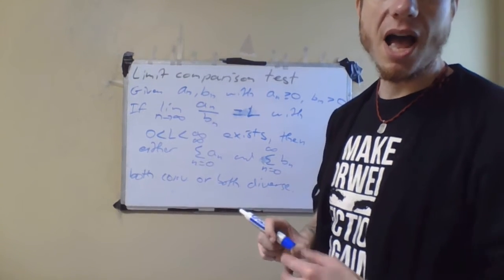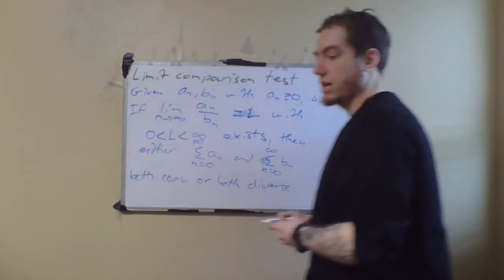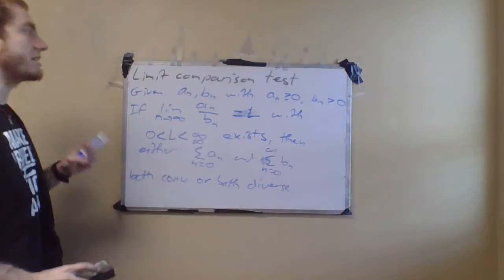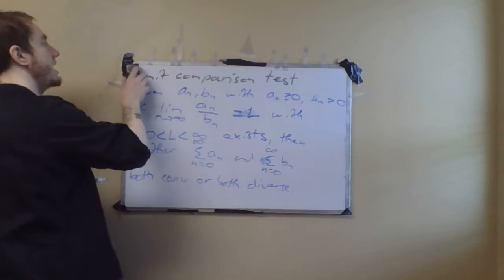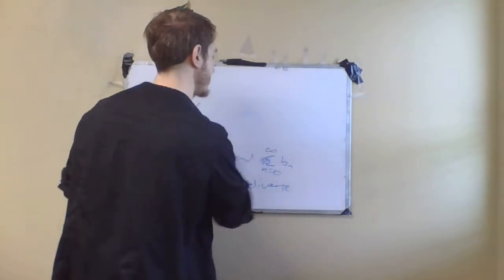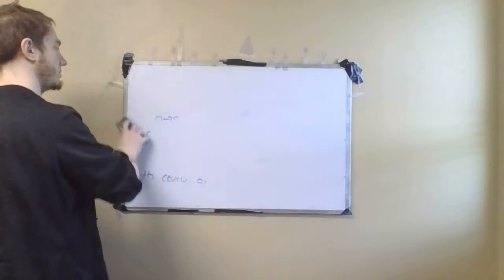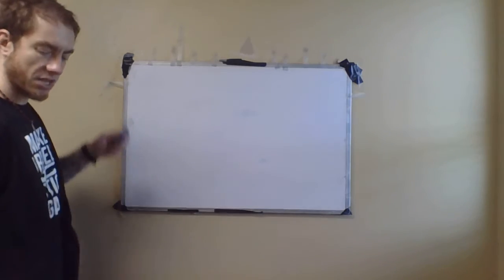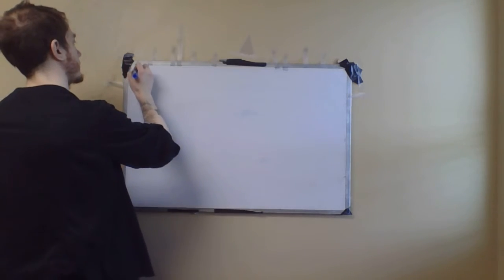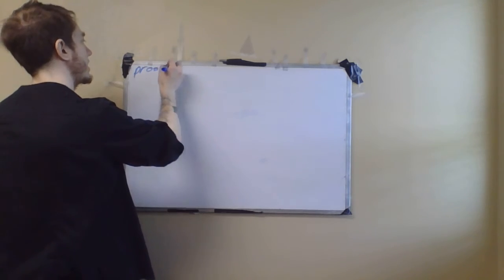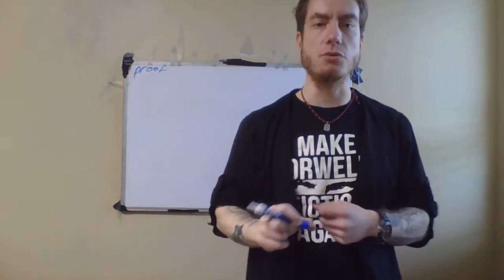So why is this going to be true? Let's look at the reason why this limit comparison test works, and then we'll sort of talk about some cases where it's useful. So the proof is going to use the following.